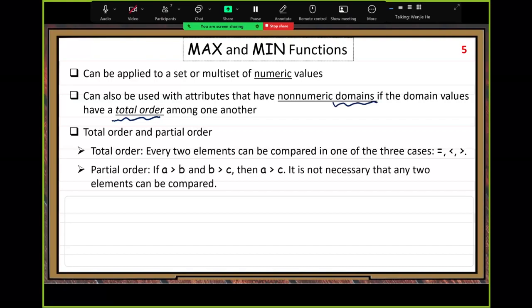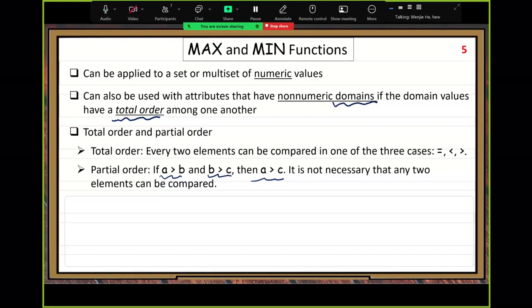Let me give you some examples for the partial order. A partial order should satisfy the transitive property: if A is greater than B and B is greater than C, then A greater than C must be correct. But sometimes you may not be able to compare 2 elements, so there is no order between certain 2 elements.